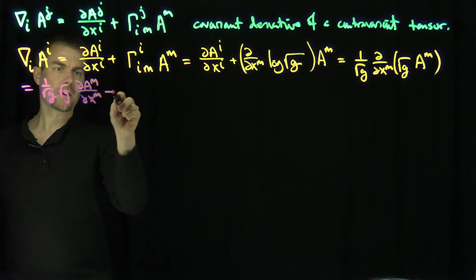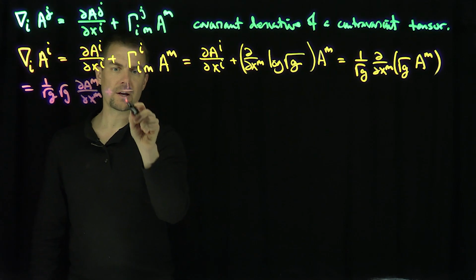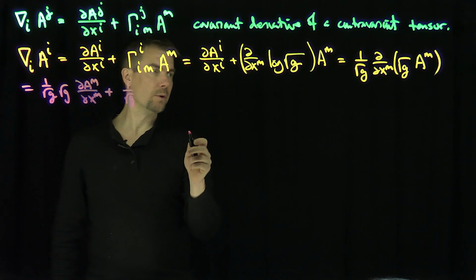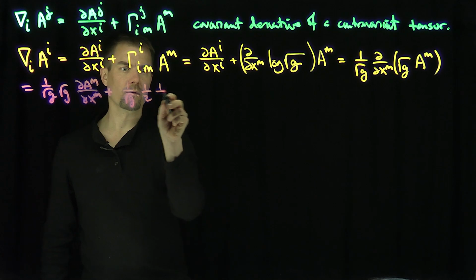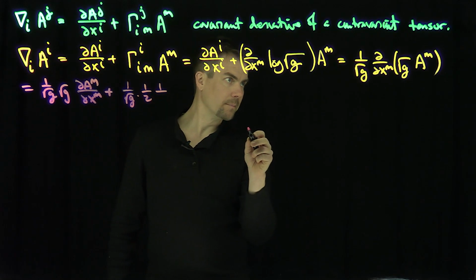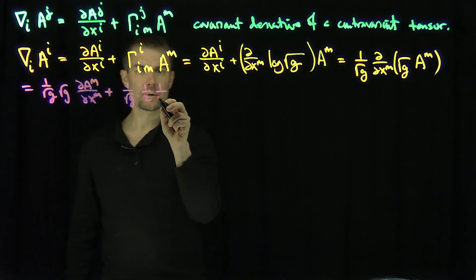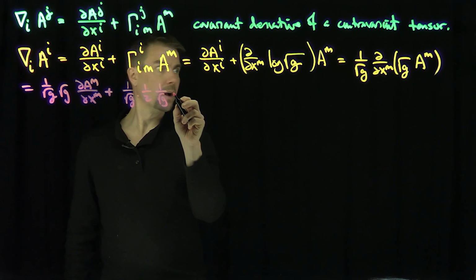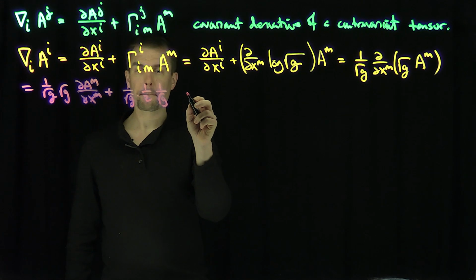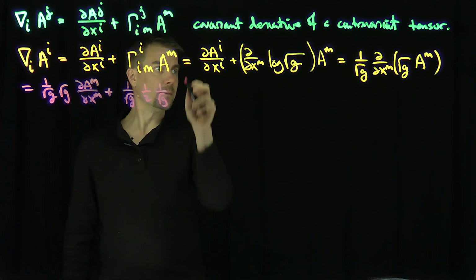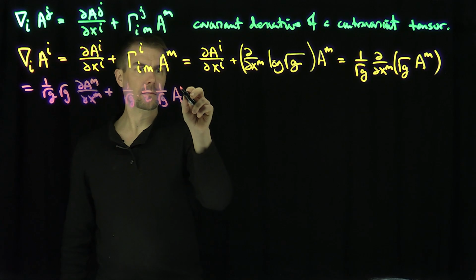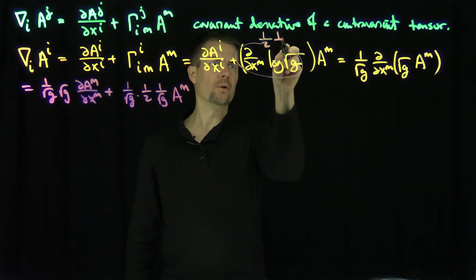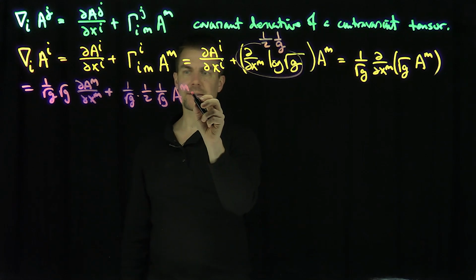That term is good, plus 1 over root g times the derivative of root g, which is going to be a 1/2 times 1 over root g, that's 1 over 2 root g, times a^m. And so this thing is exactly just what we want.